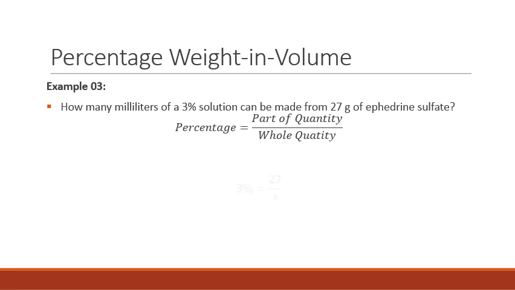So 3% is equal to 27, the part of quantity that will be present in that solution, which will contain 27 gram of ephedrine. How much total quantity we can make will be equal to x. As we know that percentage is rate per 100, so 3 upon 100 will be equal to 27 by x.